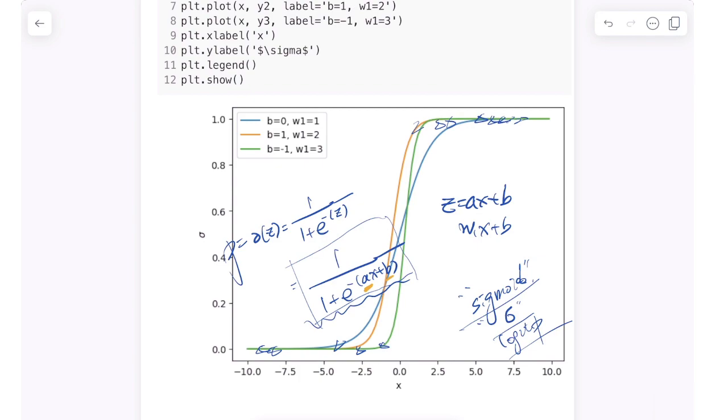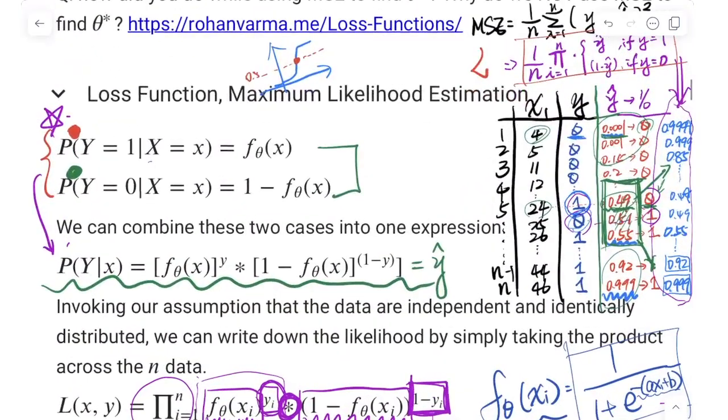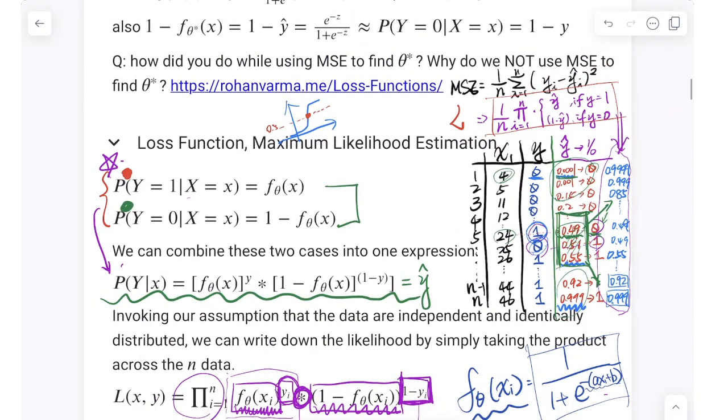So that's it. That is how we try to use an S-shaped function to model the X and Y, where Y is a binary value. That is how we use maximum likelihood as another evaluation function to evaluate different models, and the best model has the maximal likelihood value.